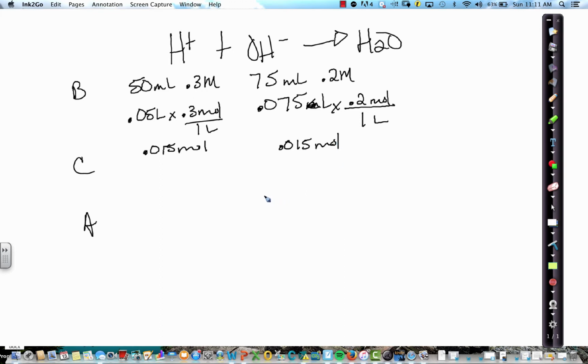All right, so I'm actually going to stop at this point because I can see my moles are equal to each other. So when this happens and it's a strong acid plus a strong base, my pH will be equal to 7.